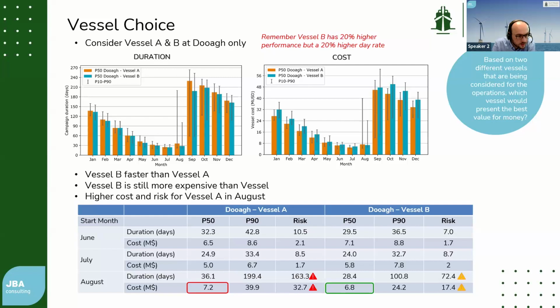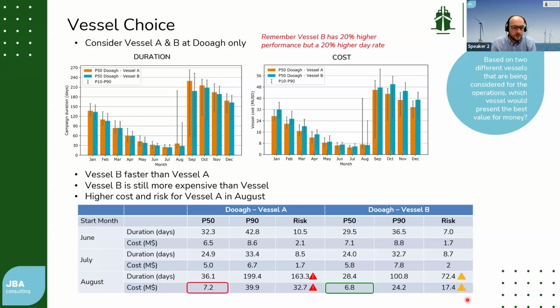And we can see that starting in August for vessel A, our P90 is showing 163 days longer installation duration compared to the P50. If we compare this for vessel B, we can see that actually that risk is still high, but that drops down to an additional 72.4 days, which is an extra 17.4 million above your P50.